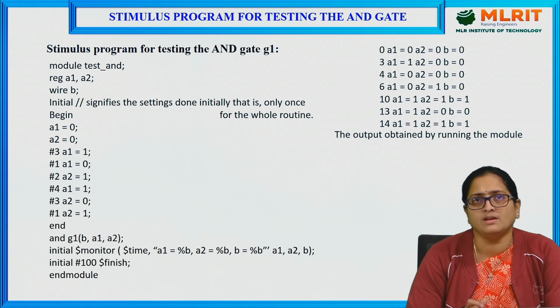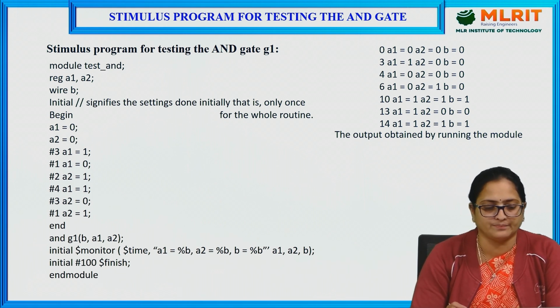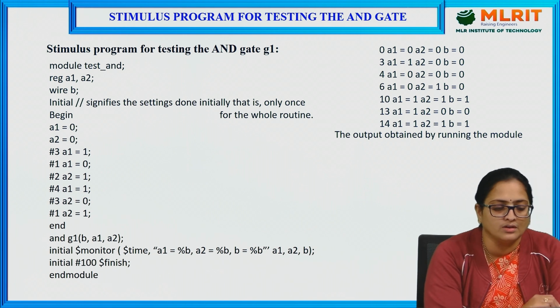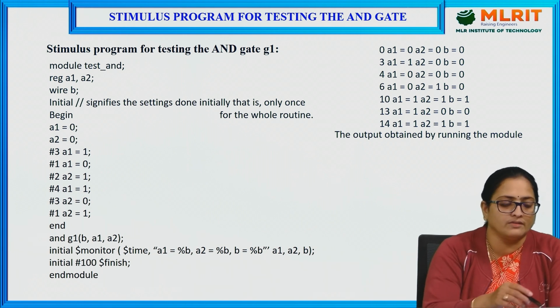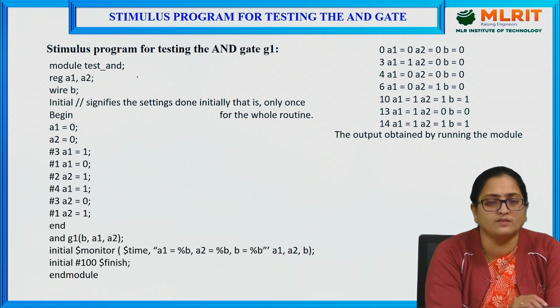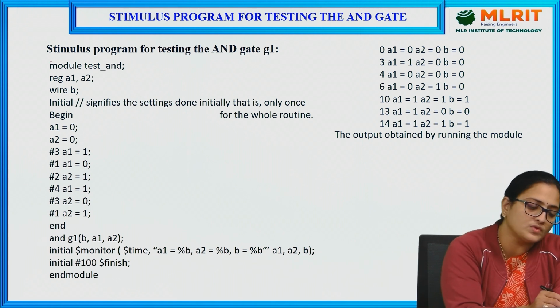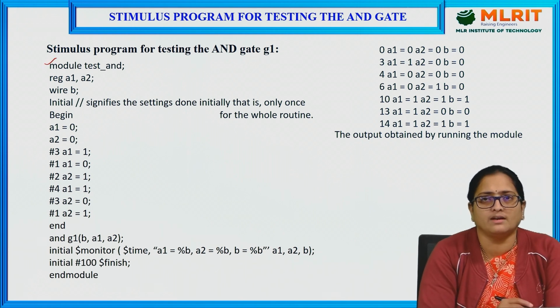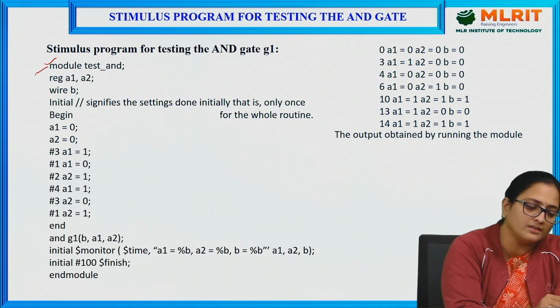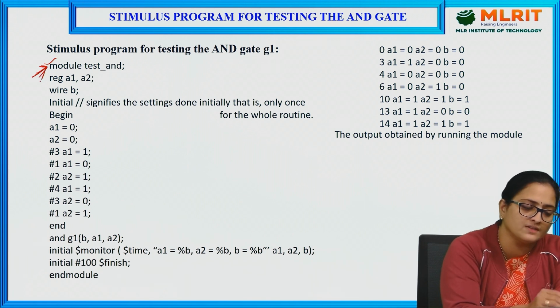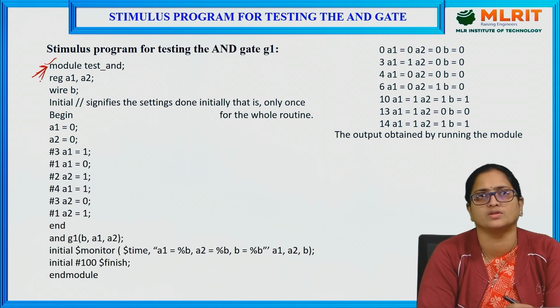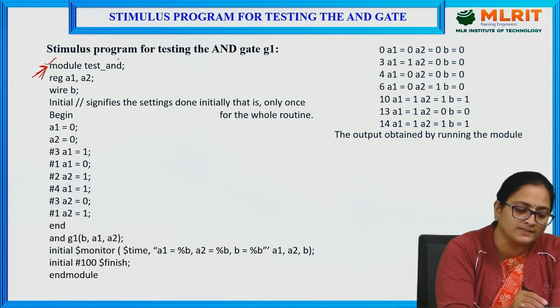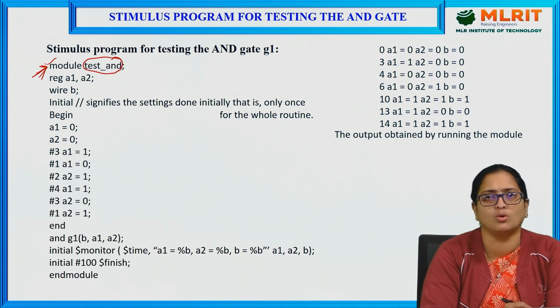A simple test code is taken to test the AND primitive. We'll discuss the structure here first. In Verilog, we need to start with a keyword called module. It defines that from here, the execution or the simulation starts. Module test_AND is the name of that module.